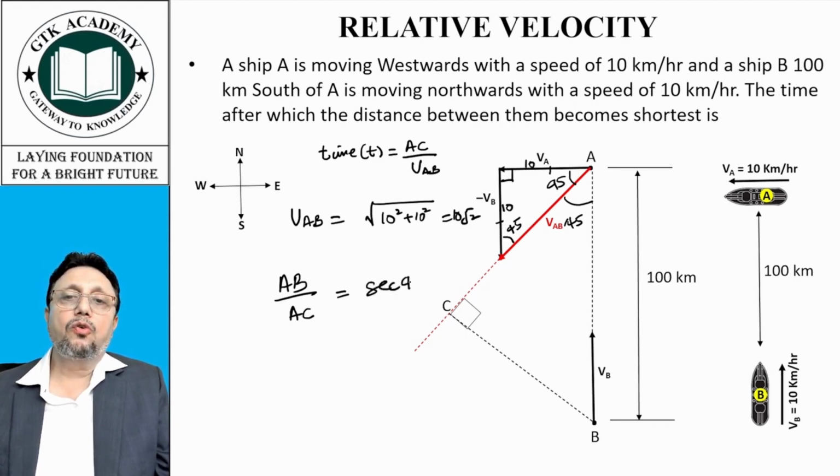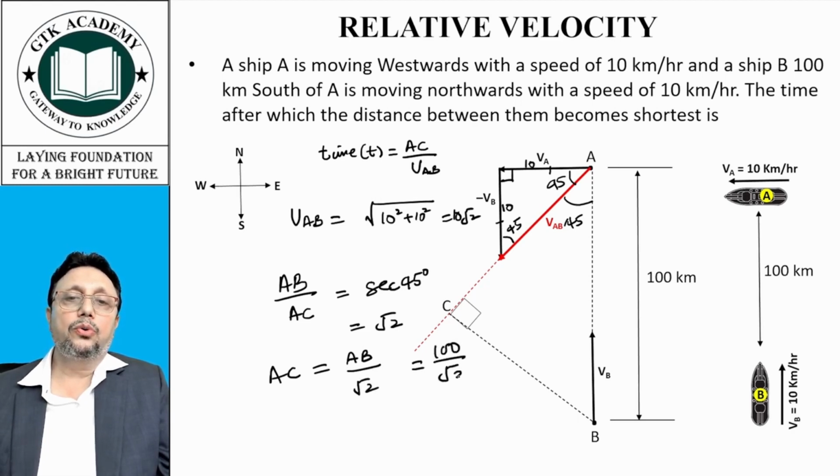Sec 45 degrees, right? And sec 45 is under root 2. AC is equal to AB upon under root 2, which is equal to, AB is 100, so 100 upon root 2.